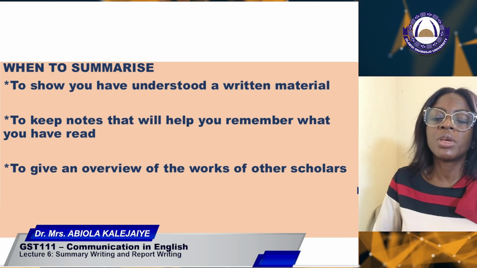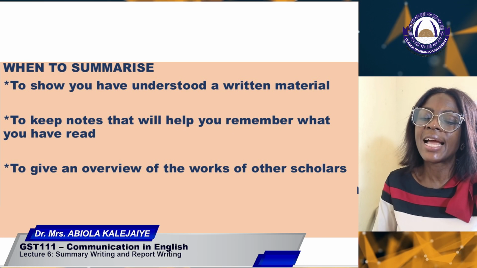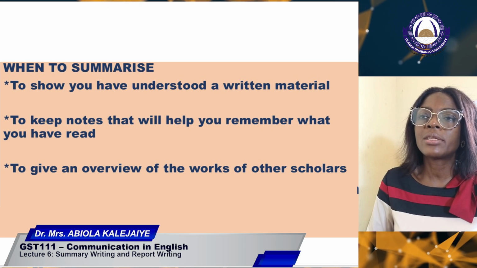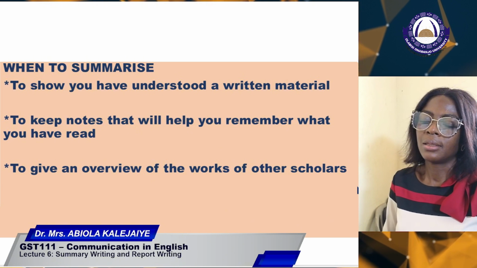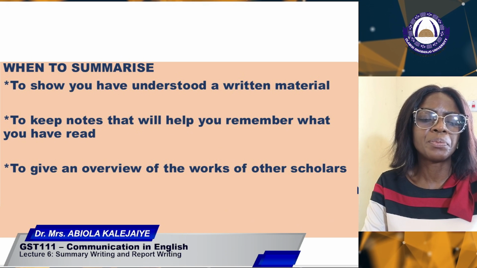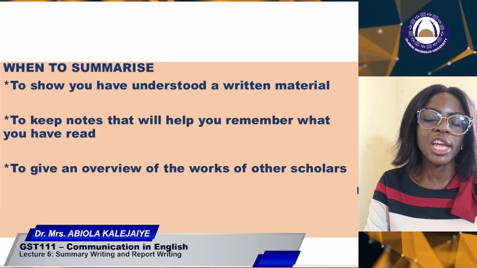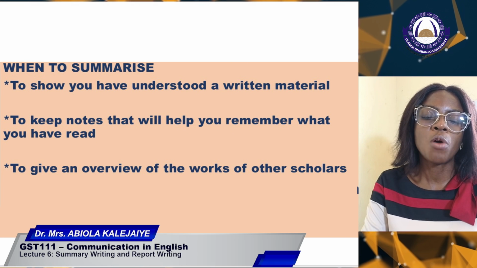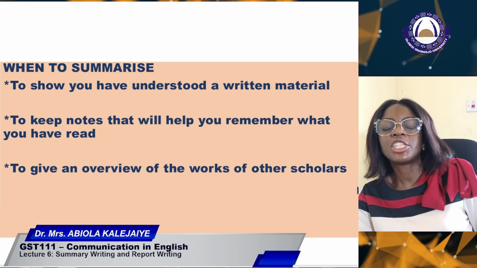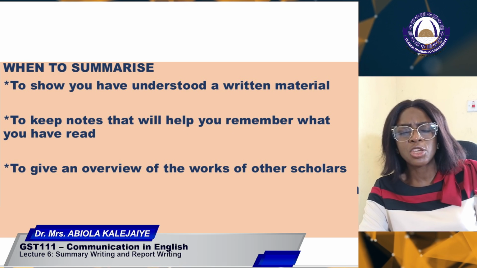So corroboration means I agree with this scholar that this is this. When you refute, I do not agree totally based on XYZ. Those are the things that determine change in scholarship, the variation that we have when it comes to scholarly argument.